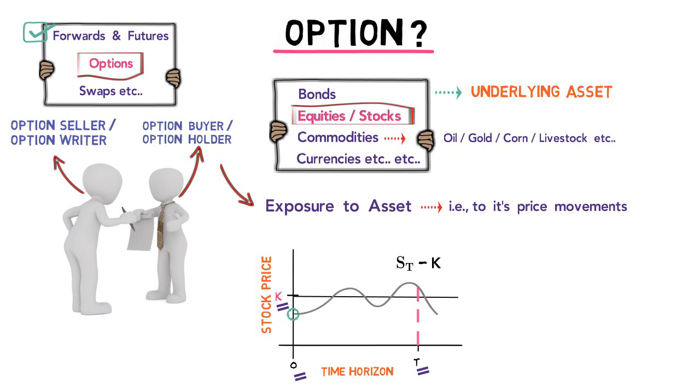Of course, if at the time you want to buy, the stock price is like here instead, that is less than K, in this case it doesn't make sense to buy the stock from the option seller because as per the contract, he will only sell it to you at K. So you're better off buying it cheaper in the open market. So in this case, you aren't exercising your right to buy the underlying asset from the option seller. So we say the option has expired worthless at the time of its maturity.